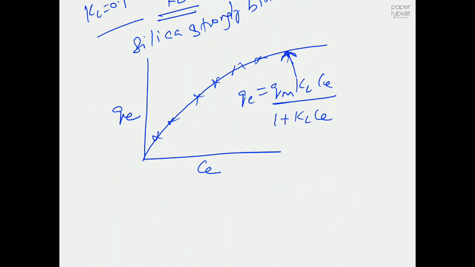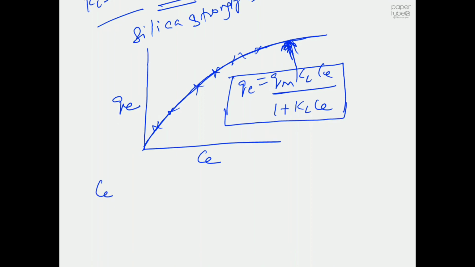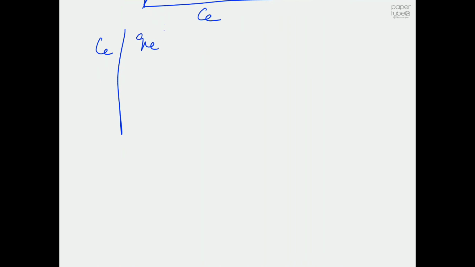The curve that fits all this line can be represented by this single expression. And normally if we have CE and QE, we will linearize these values. So let's cover that in the next lecture.